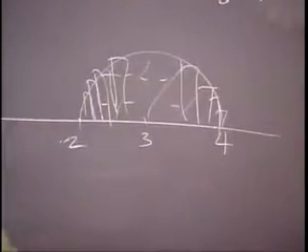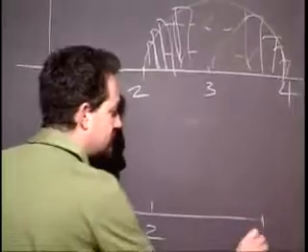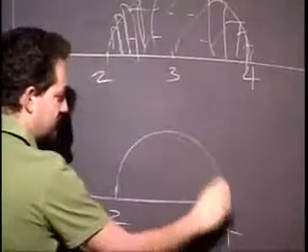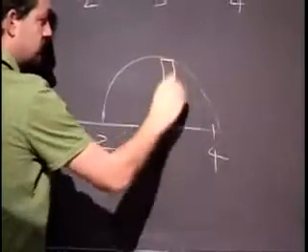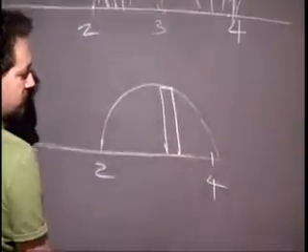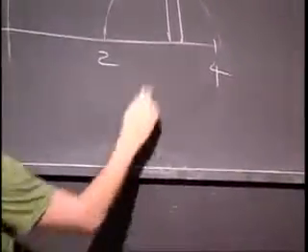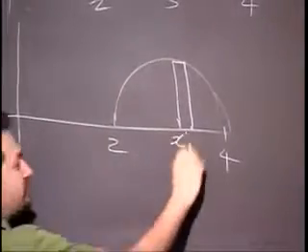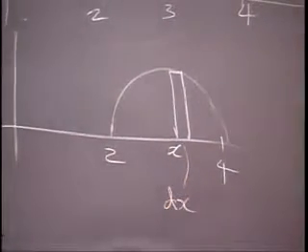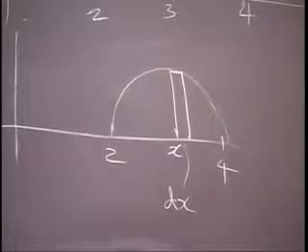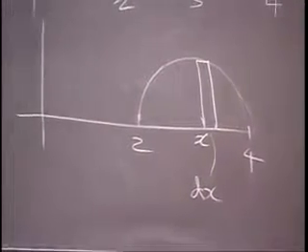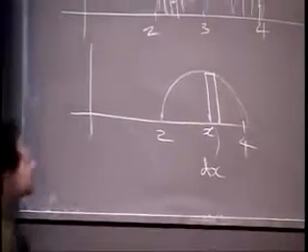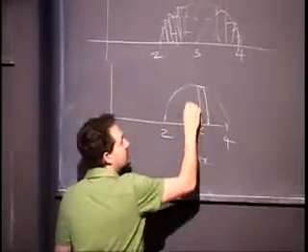I don't have any particular strip in mind, so I'm just going to pick one. Now, what do I know about the strip? Well, it's at position x. Its width I'm going to call dx. Technically, dx doesn't really exist. We've seen it as differentials and things like that, but let's just play with it. The height of this is about y.